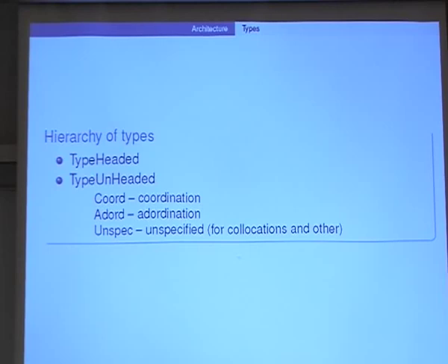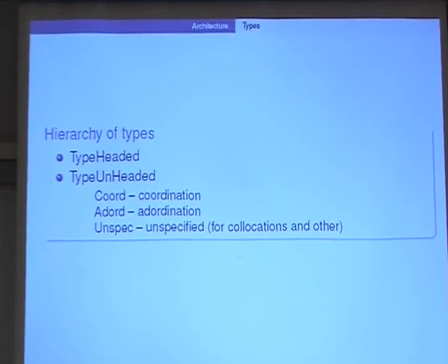Type unheaded is reserved for such phenomena as coordination, apposition, and also other unspecified phenomena where there is no need to induce an internal structure of a dependency type. So these unspecified types of structures are reserved for collocations and other elements where there is no dependency involved.